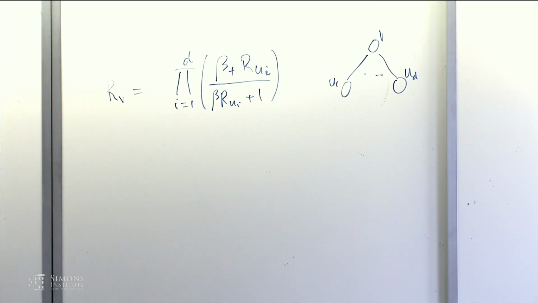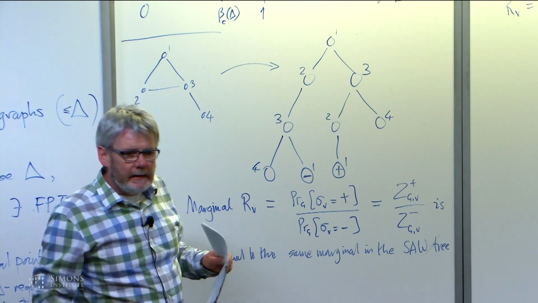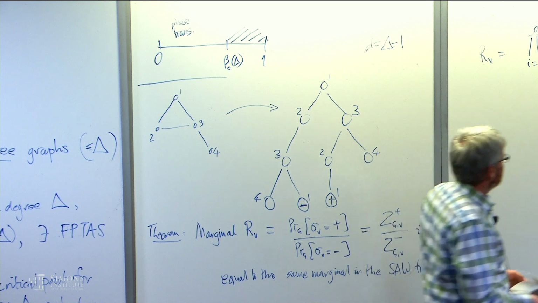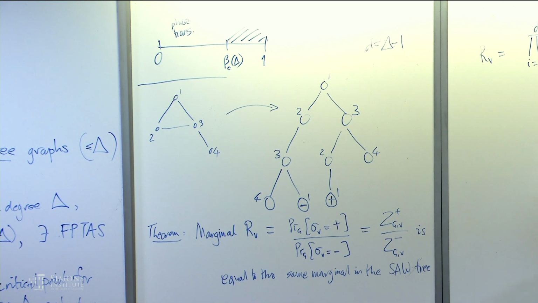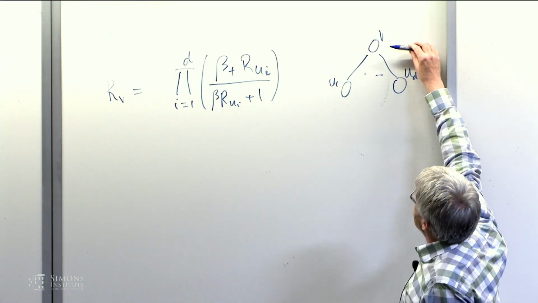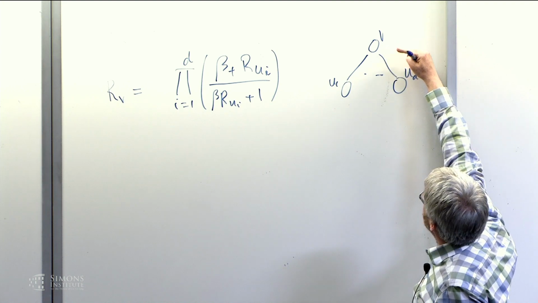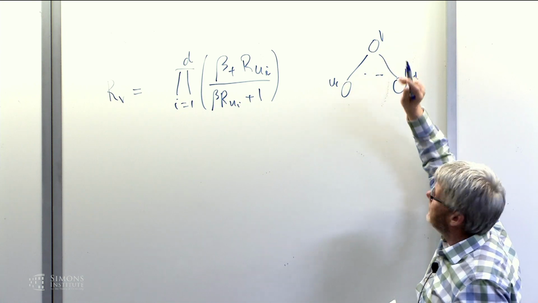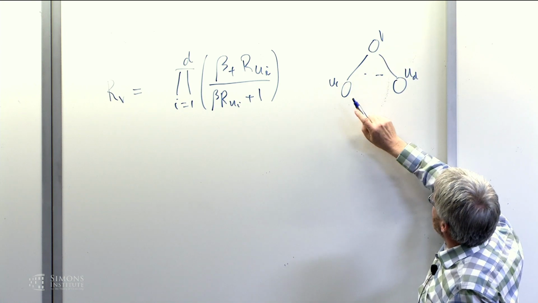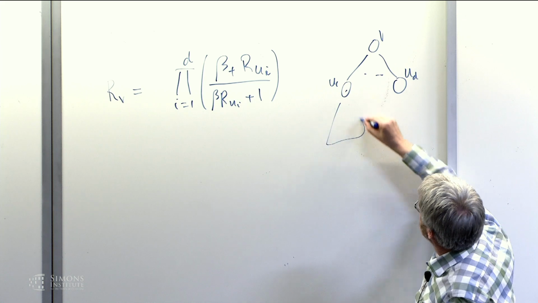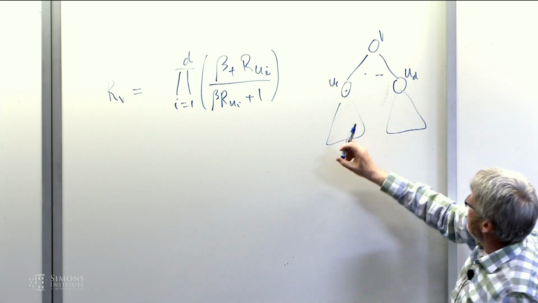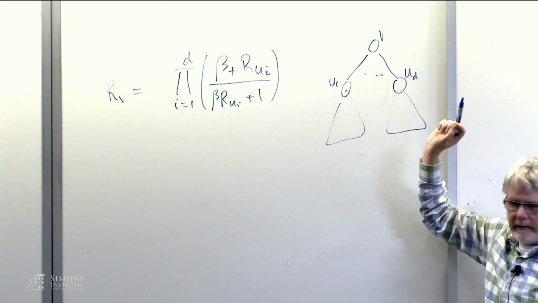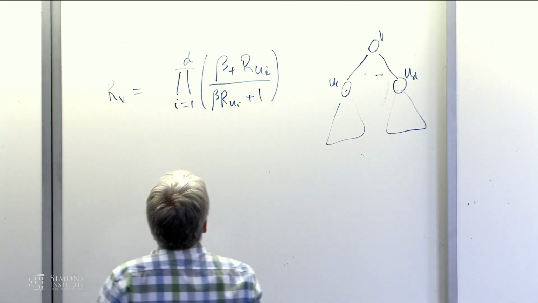So a delta-regular tree is a D-ary tree where D is delta minus 1. To compute the marginal at V, it's just the ratio of the partition function when I put a plus here and a minus here. And since these are independent subtrees, I can compute that from the marginals at the roots of those subtrees.